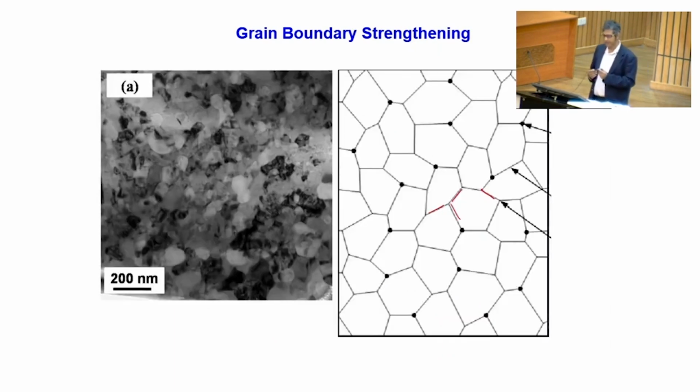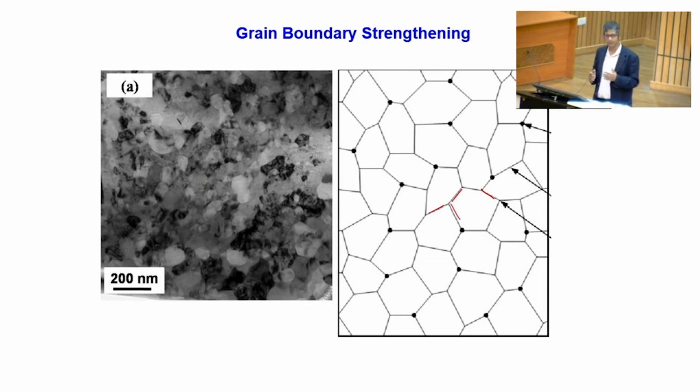As you know, in a multicrystalline material or a bulk nanostructured material, you have a large number of grain boundaries present. Therefore, this aspect is augmented. This aspect is felt across the large number of grains actually. Every grain boundary will act as an obstacle, and this will lead to a huge strengthening effect.